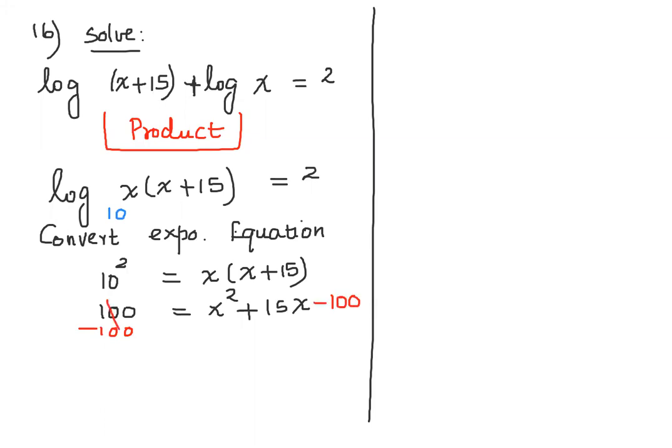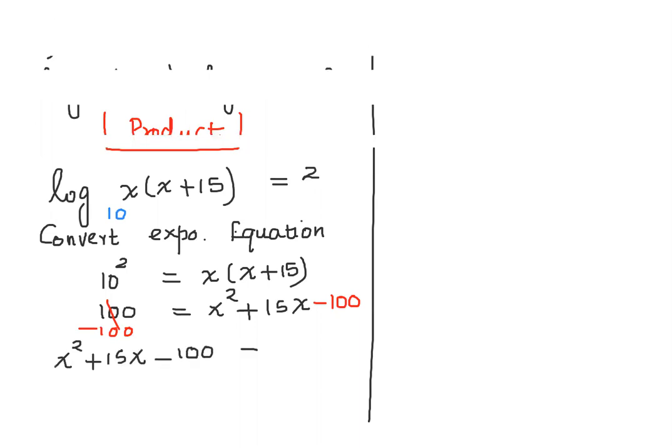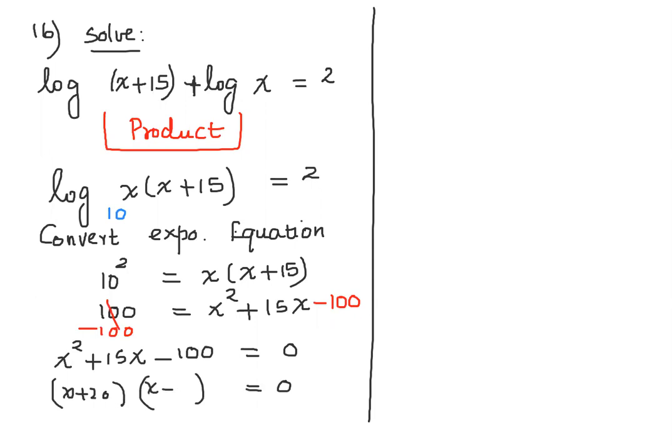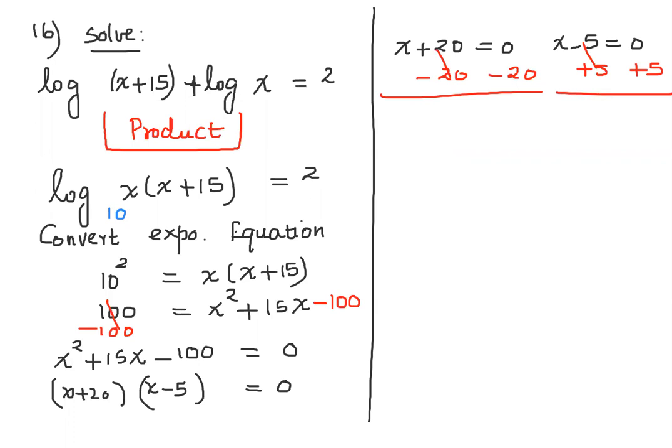So we are getting x squared plus 15x minus 100 equal to 0. So factor this. We get x plus 20, x minus 5 equal to 0. So set each one equal to 0, then solve for x here. x equals negative 20 and x equals 5.